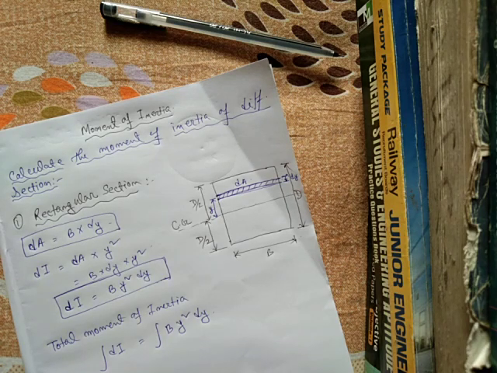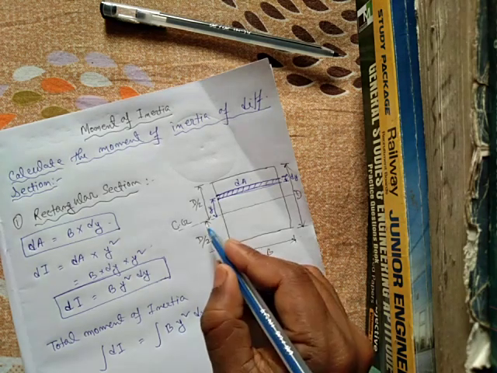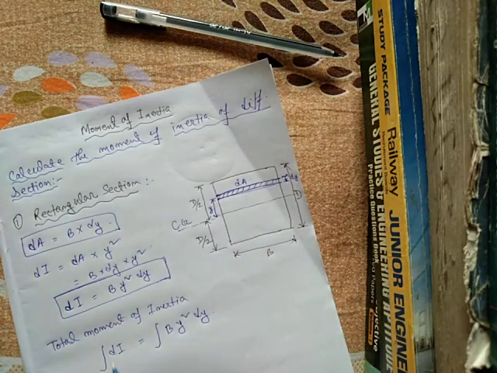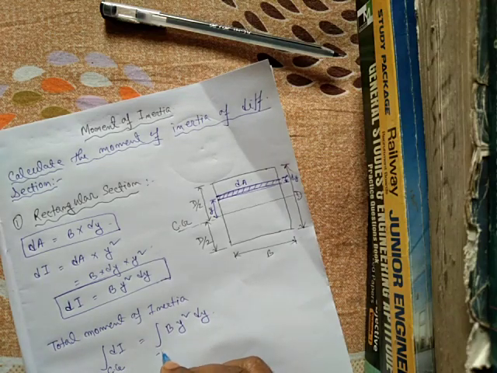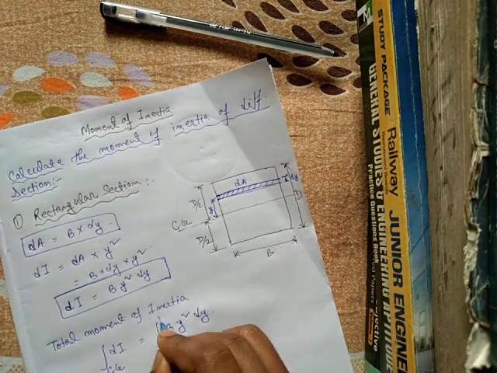We find the moment of inertia about CG, so the limits will be minus d by 2 to d by 2.